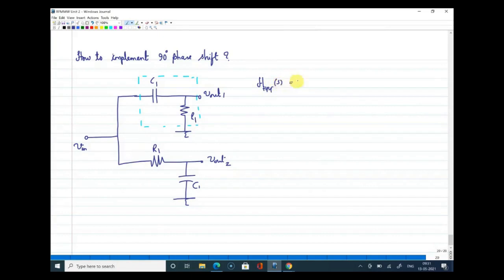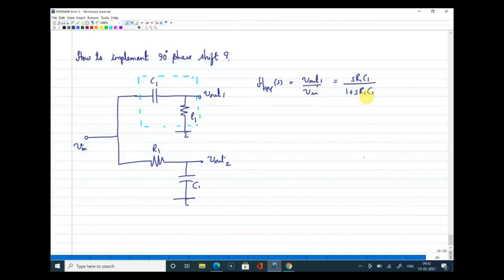So I can write V out 1 by V in as S R1 C1 over 1 plus S R1 C1. So that is for your high pass function.